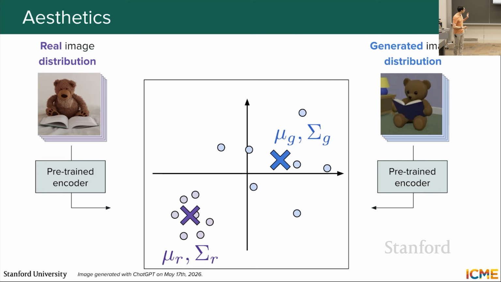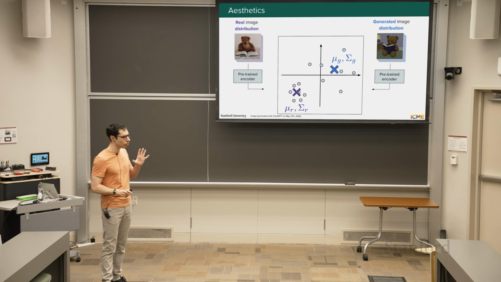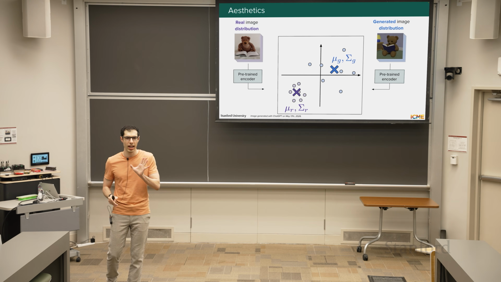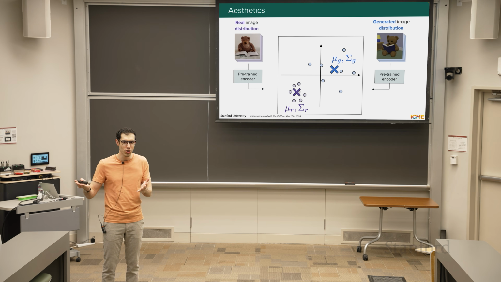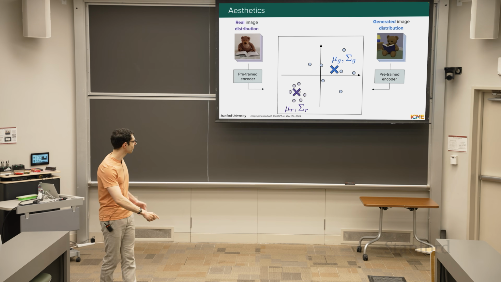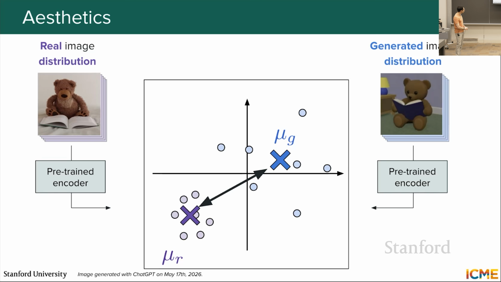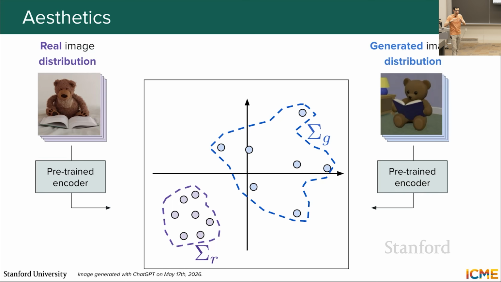In order to characterize each distribution, you can use the mean mu and the covariance matrix sigma that tell you how your distribution is shaped. And what you want to do is to compare the two. You want to compare where they're located, so here you can use the mean, and how they're shaped, for which you can use the covariance sigma.